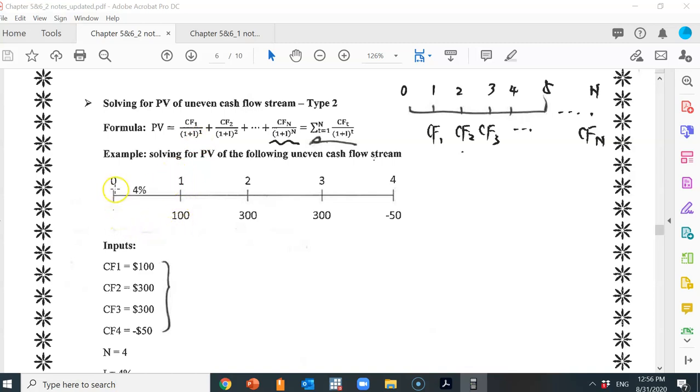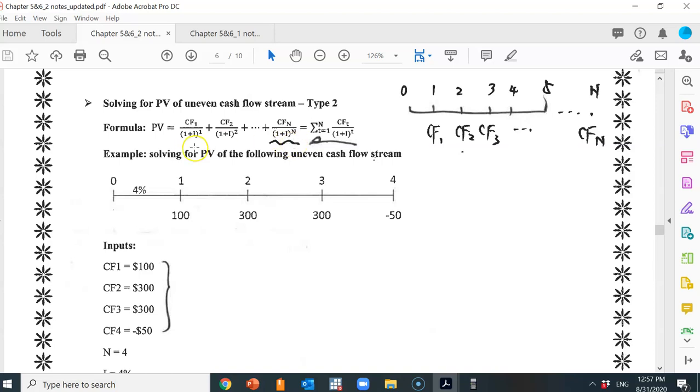From time 1 to time 0, there's only one period. For cash flow 2, we need to divide by 1 plus interest rate squared, because we're discounting cash flow 2 from time 2 to time 0. For cash flow n, we need to divide by 1 plus I to the power of n, because we're discounting it from time n to time 0.